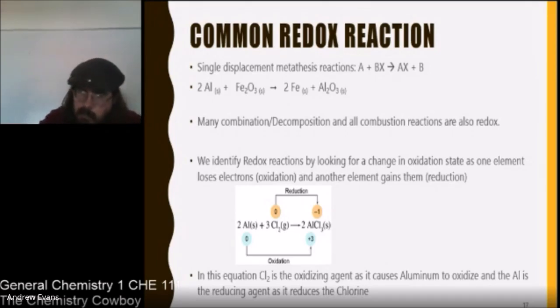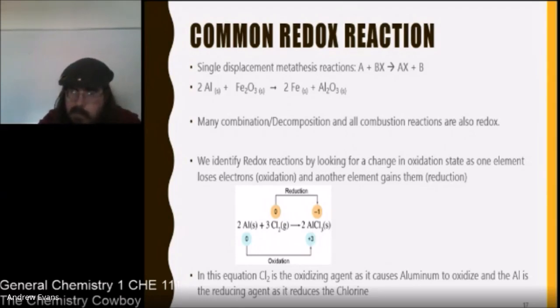As we see in the reaction there, aluminum plus chlorine forms aluminum chloride, a standard combination reaction. Aluminum is going from 0 to 3+, so it is losing electrons, becoming more positive, and is oxidized. And chlorine is going from 0 to 1-. It is gaining electrons, so it is being reduced.